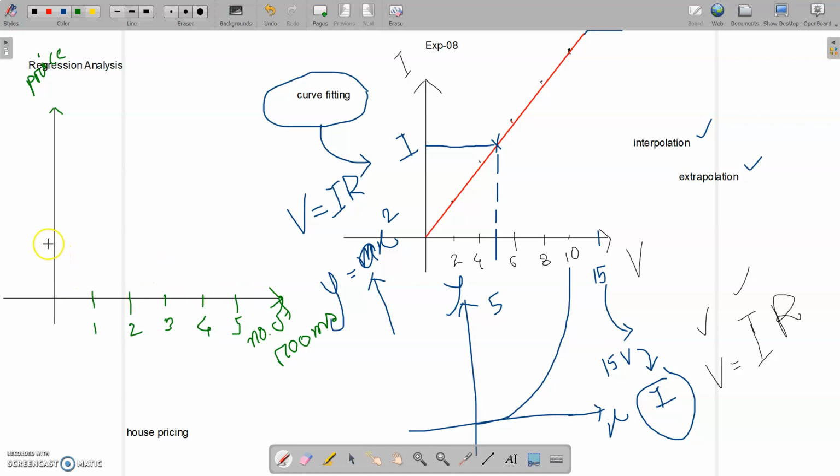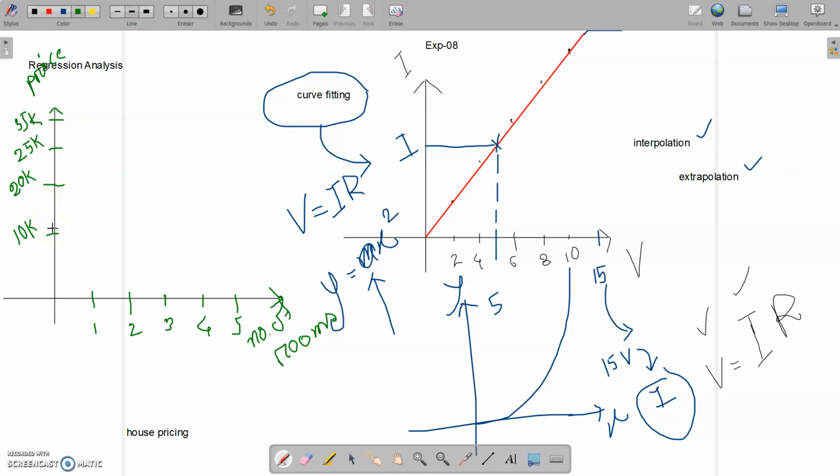Now let's plot the values. Let's say a 1 room house is 10k, a 2 room house is around 20k, a 3 room house around 25k, a 4 room house around 35k. I'm just plotting the graph.